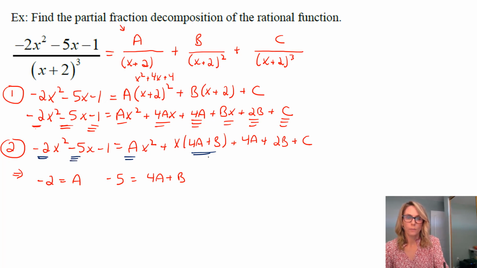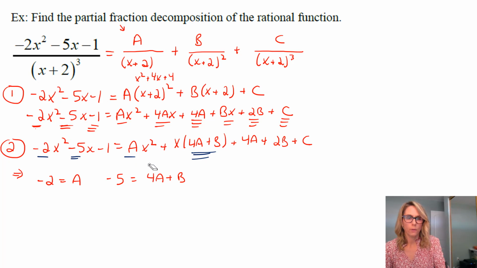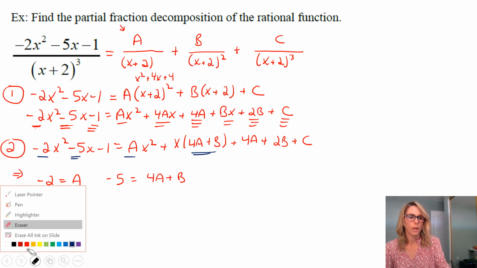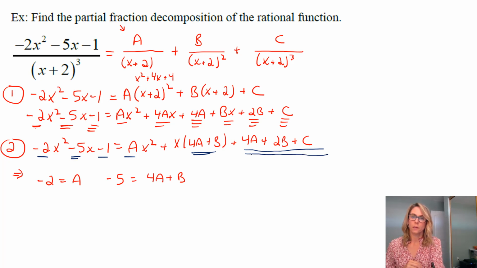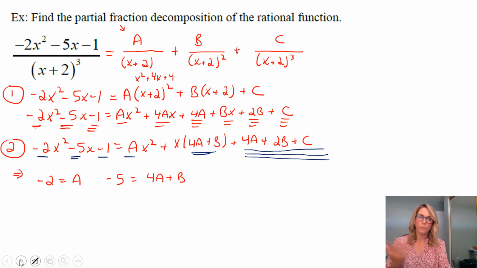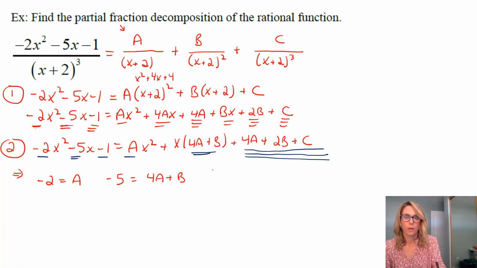And then our minus 1 here, which will become negative 1, needs to be the rest of everything. All those constants need to be minus 1. It's the only way to make both sides equal. So we can now have minus 1 equals 4a plus 2b plus c.